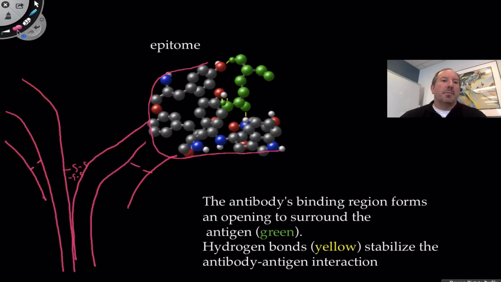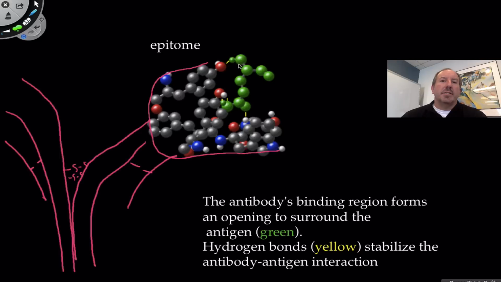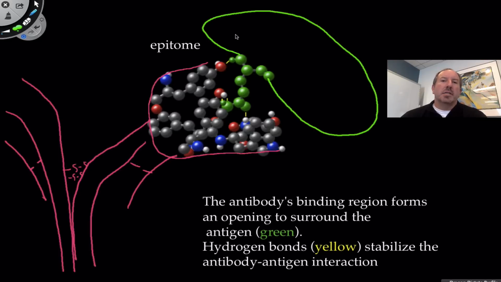Now this green area, let's see if I can pull out some green. This green area is the epitope of a particular antigen. Let's just draw some sort of bacterium like this. This is referred to as the foreign antigen right here, and it has this region called the epitope. What's interesting is that these little yellow lines suggest that the variable region of an antibody is attaching via hydrogen bonds to the germ, and it can do a number of things.